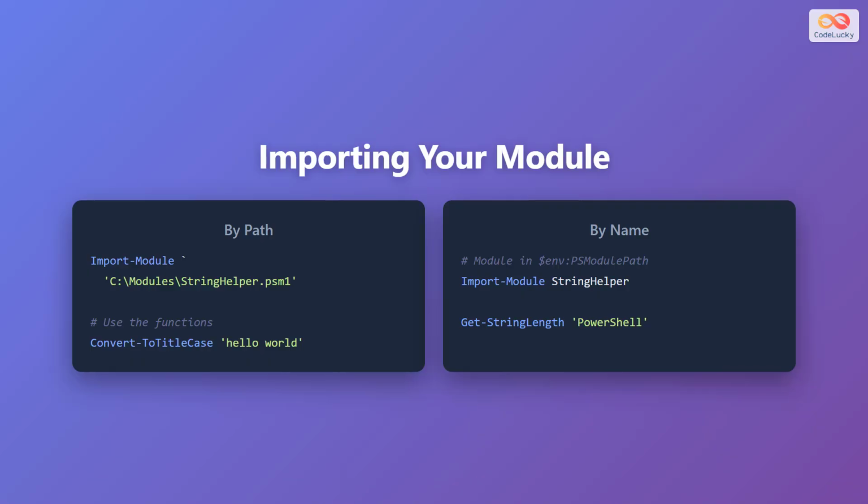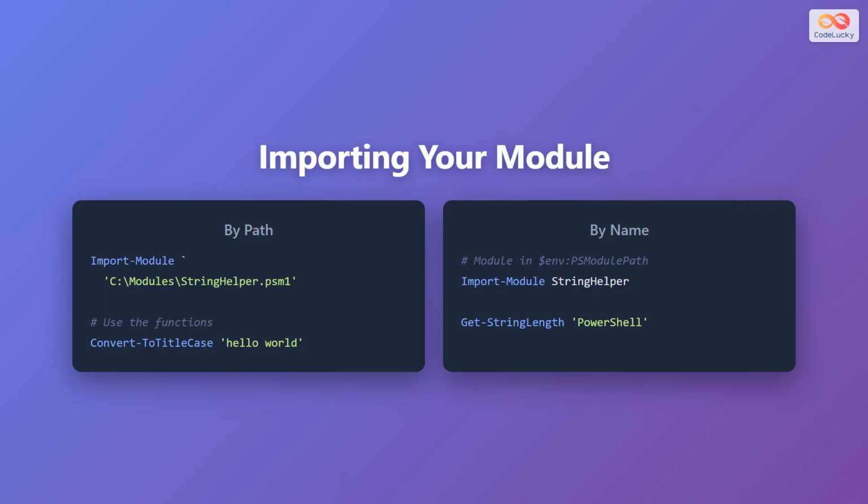There are 2 main ways to import your script module. The first method is importing by path. You use Import-Module followed by the full path to your .psm1 file, such as c:\modules\stringhelper.psm1. After importing, you can immediately use the functions like Convert-ToTitleCase with the text hello world.